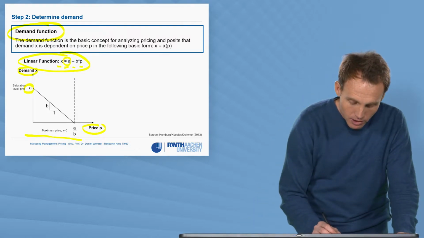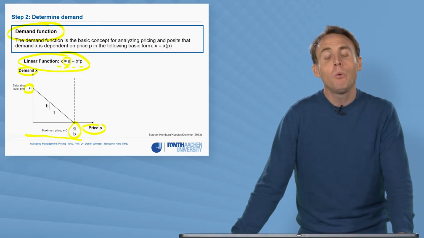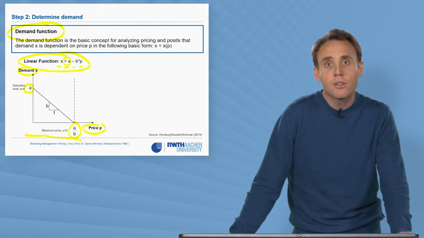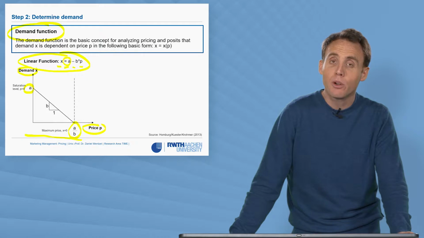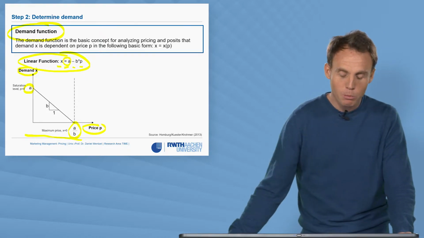The other end of the function is A divided by B. What does that mean? A divided by B is the highest price that you ask for, the price where nobody would buy. Let's assume X would be 0.